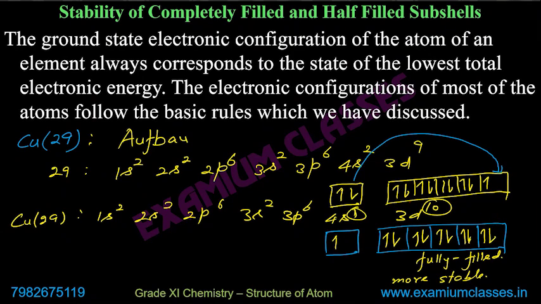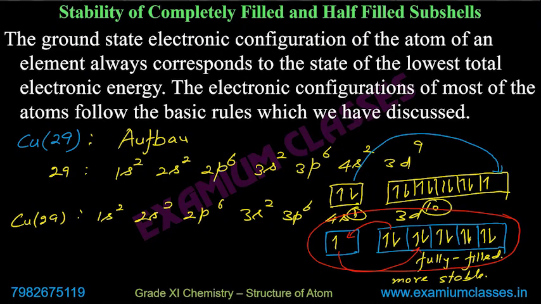So if transfer of electron is possible and here you have one empty position, then transitions can take place. Electron can come here, this electron can go here. And when transitions can take place, the energy will be lost, the system will be more stable. So this is the idea to explain why these types of systems are more stable.